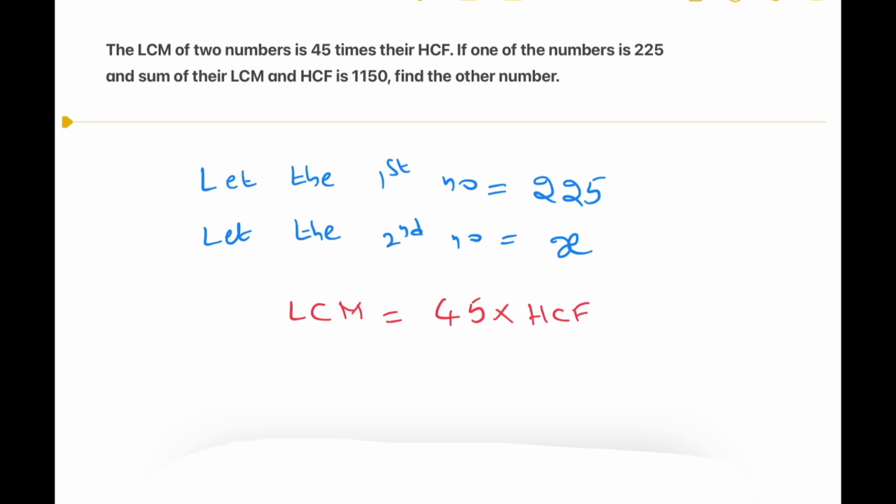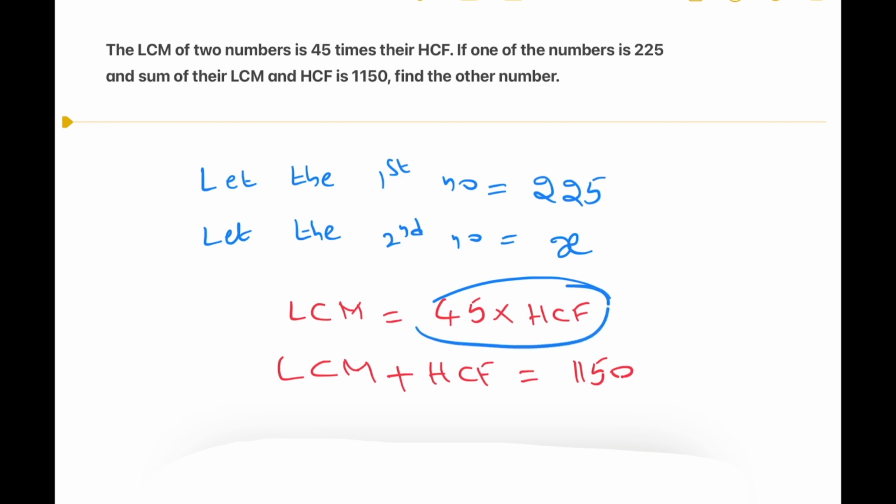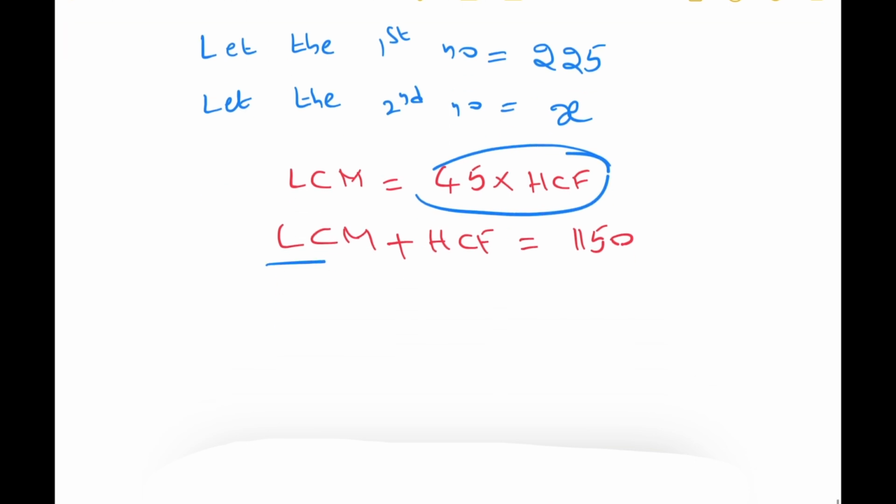Next, the sum of their LCM and HCF is 1150. So LCM plus HCF is given as 1150. Now LCM means 45 into HCF, right? So this LCM I will replace with 45 into HCF.